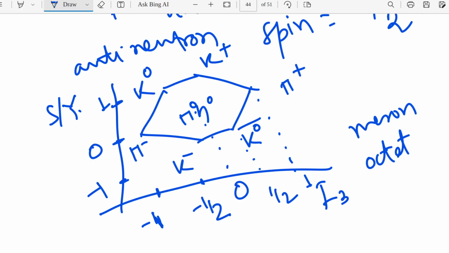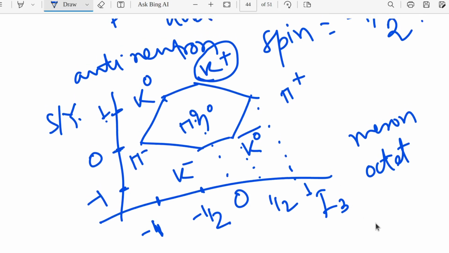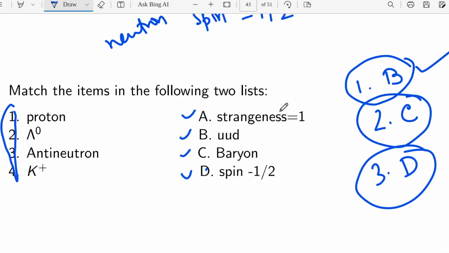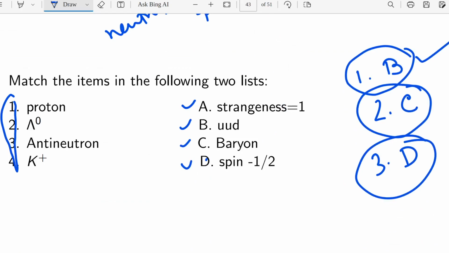So from that equation we can obviously tell that the strangeness of K plus is 1, because it is in the topmost row. So from that we can tell K plus has strangeness 1. So that means 4 has condition A.